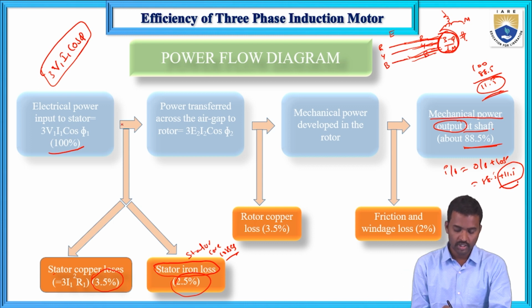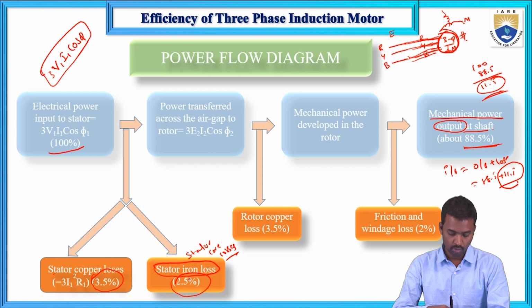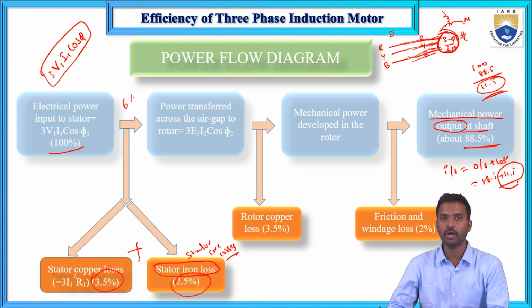So 3.5 and 2.5 make 6%. If you add the stator copper losses and stator iron losses, that means 6% losses are in the stator only.